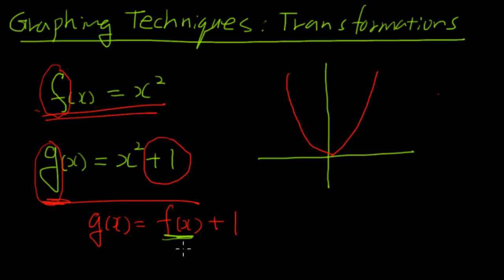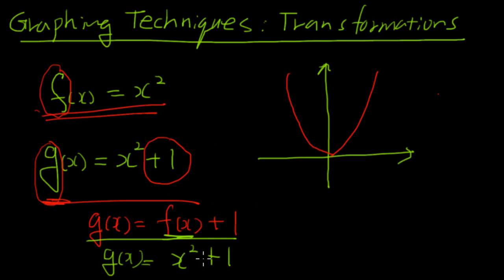So g of x is basically f of x with 1 added.